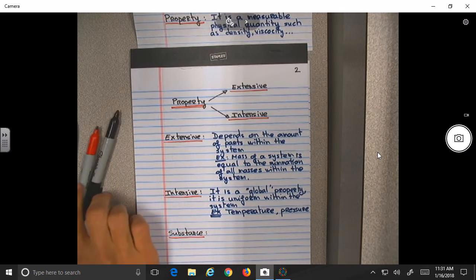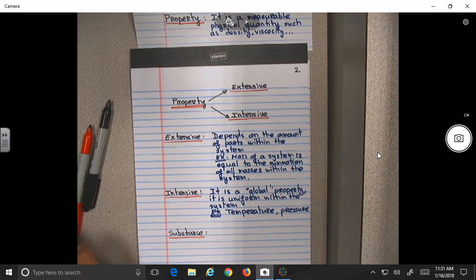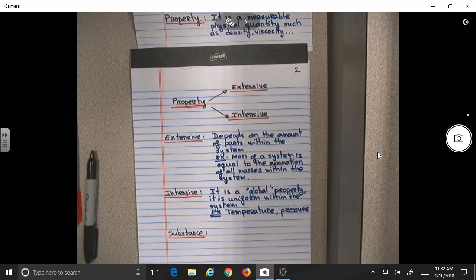So what is a substance? I mean, anything we want to deal with. What could be a substance?